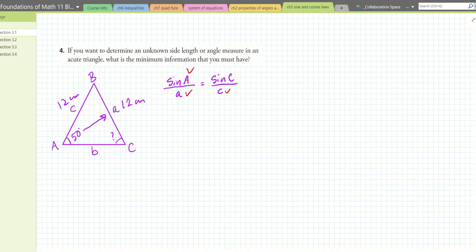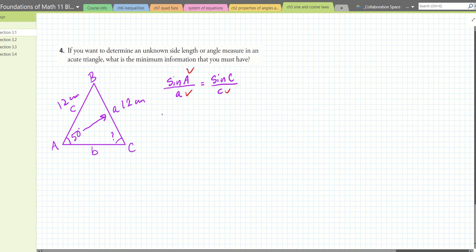for a missing angle. You must have 2 sides and one opposite angle to it. So for example, in this case I have angle A and side a, but you could also use angle B and side b.